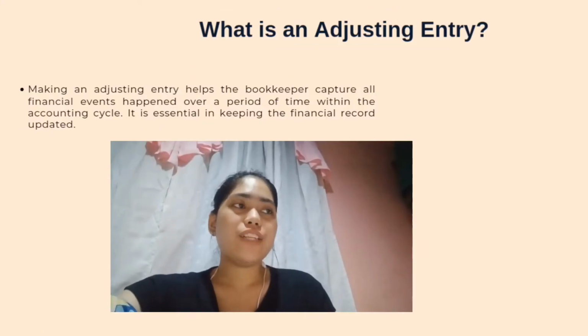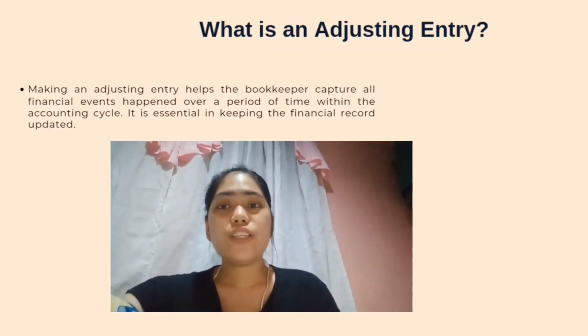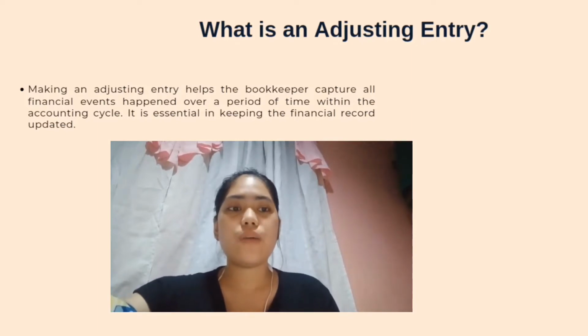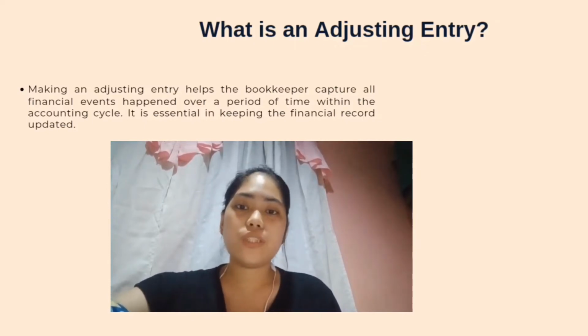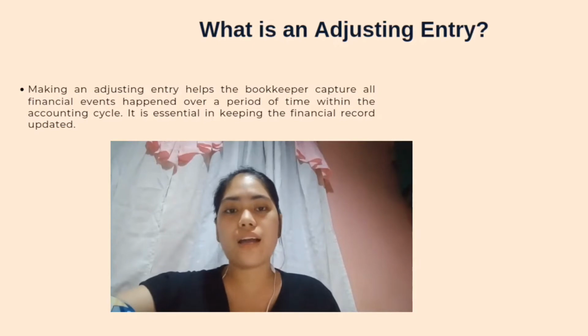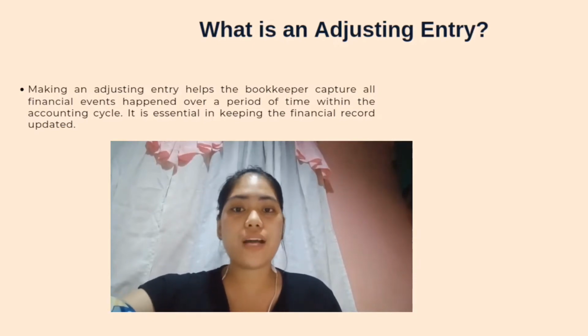And now we have the adjusting entry. Adjusting entry is the name given to the journal entries posted at each accounting period in order to bring our books into alignment with the accrual basis of accounting.